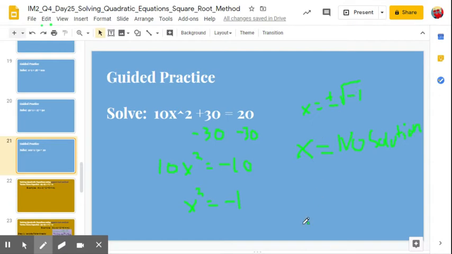So down the road, just a sneak preview, you don't need to know this for now, this will actually come out to be plus or minus i. It'll be an imaginary solution. But for now, you don't need to worry about this. Whenever you've isolated x squared equal to a negative number, we know there's going to be x equals no solution. There's no real solution to this equation.